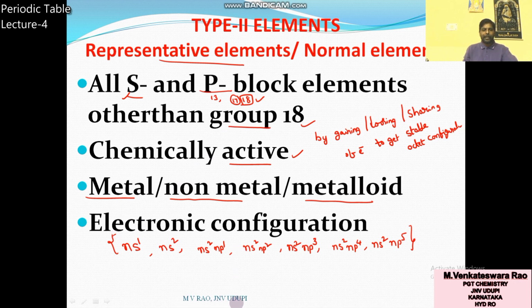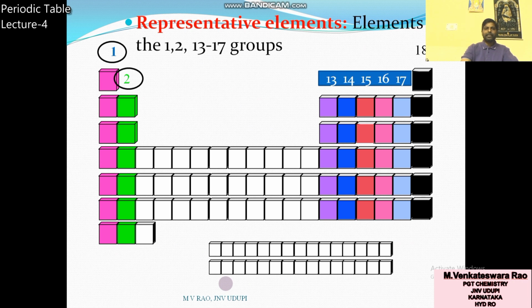So by combining all this, you will get the general configuration ns1 to 2, np0 to 5. It is the general electronic configuration of representative elements. You can see here, these are S block elements and up to this group 17.